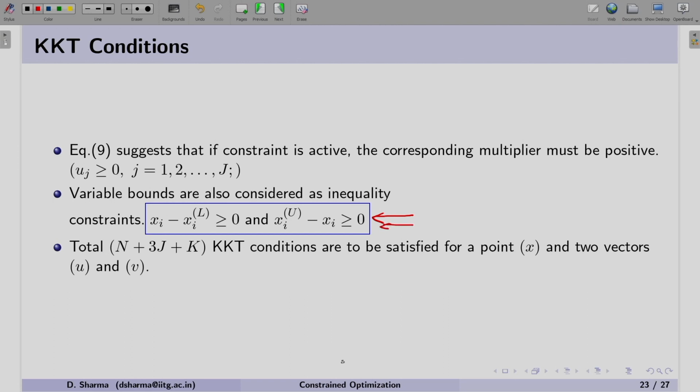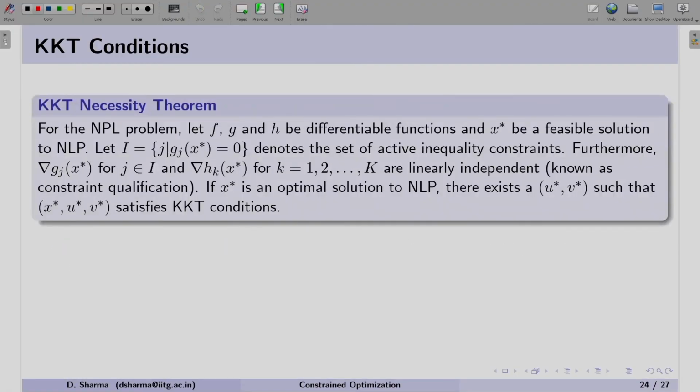So if we consider them, we are going to have n plus 3j plus k, so the total number of KKT conditions will be that many. So if we have to say that a point is satisfying the KKT condition, it has to satisfy many equations as given here. Now using this KKT condition, we have two theorems.